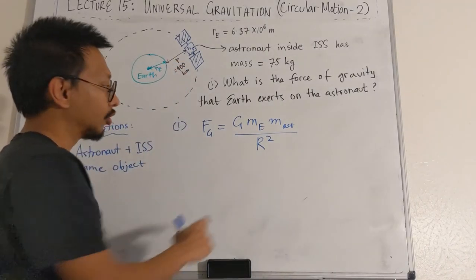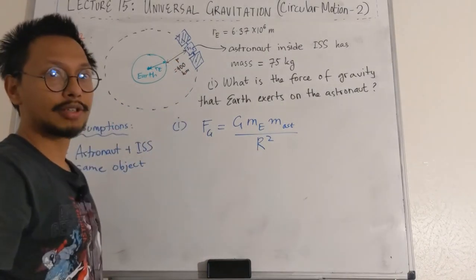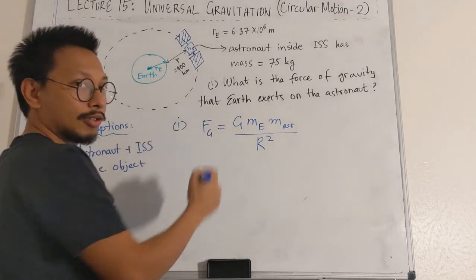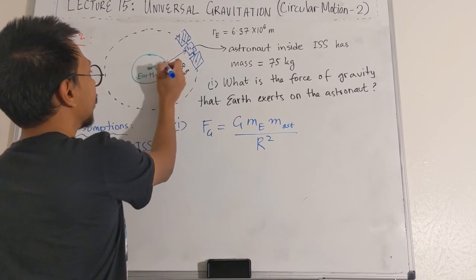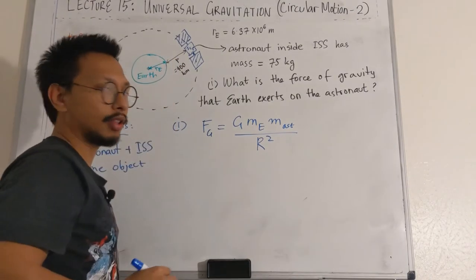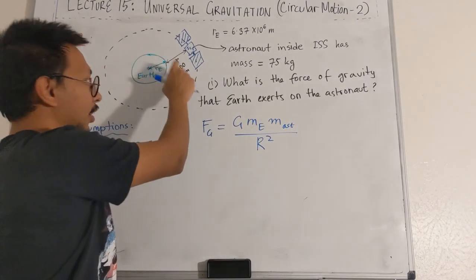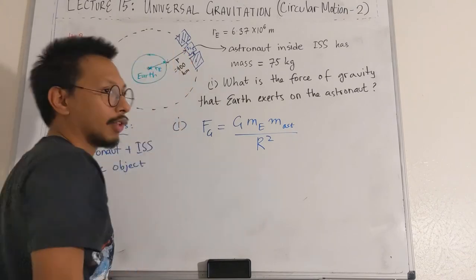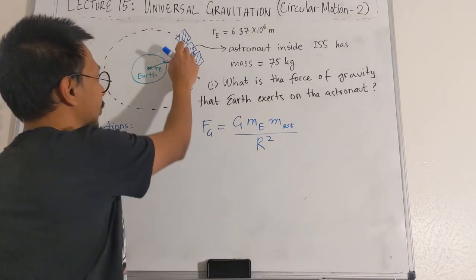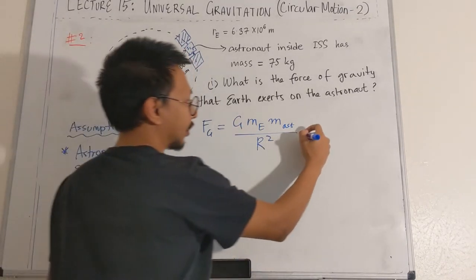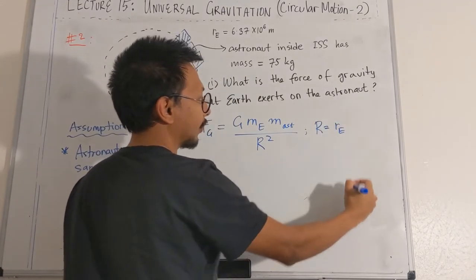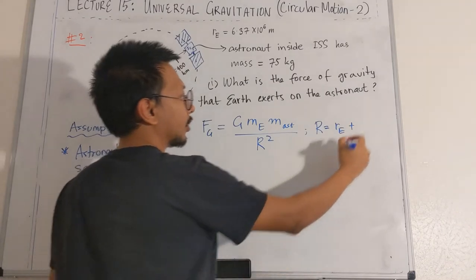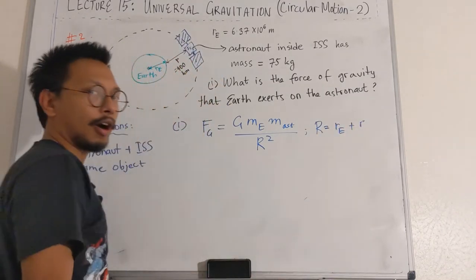But we want to put in here the center to center separation between the two objects. So from the Earth's center, we have the radius of the Earth that reaches the surface of the Earth, and from the surface of the Earth we have the orbit radius, small r. So in fact, capital R is the addition of the radius of the Earth plus the orbit radius, small r.